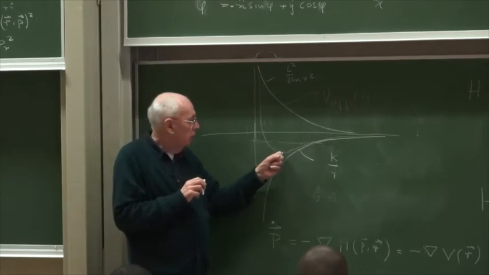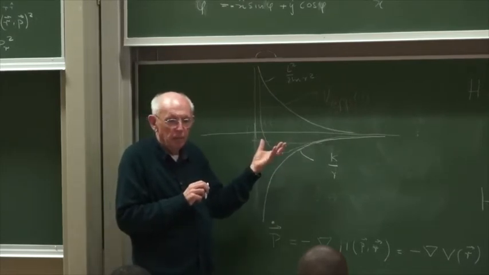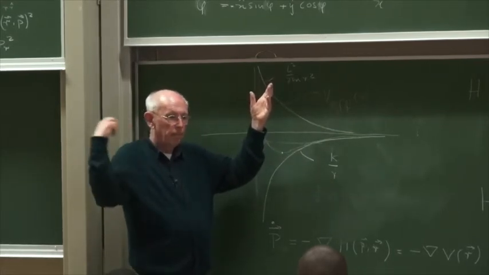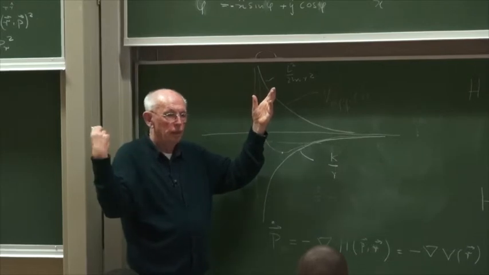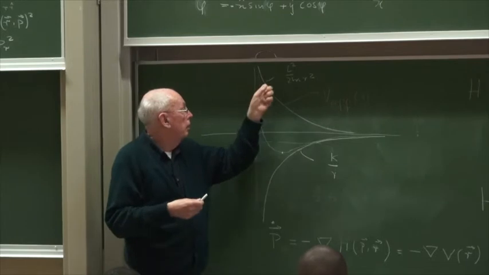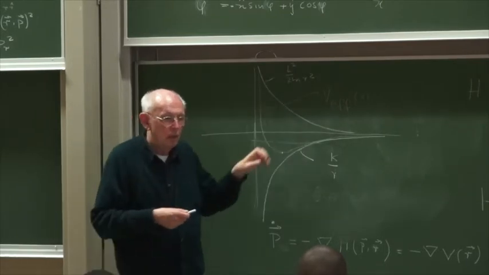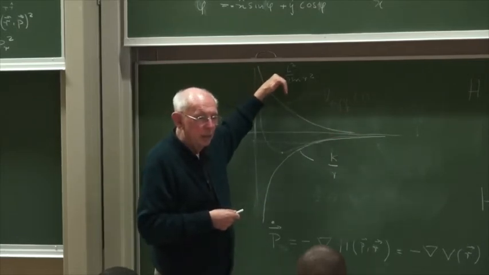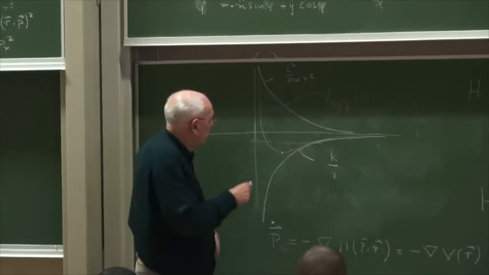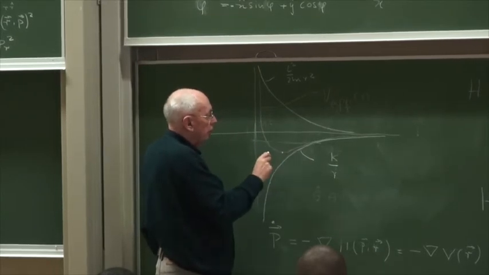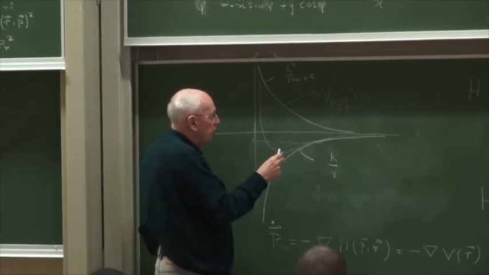You just have to look at this one-dimensional problem and say, well, you have to know what is L, how quickly does it go around, and that determines this part of the effective potential. And once you have that, you have this curve, and in this curve you can read off very quickly.